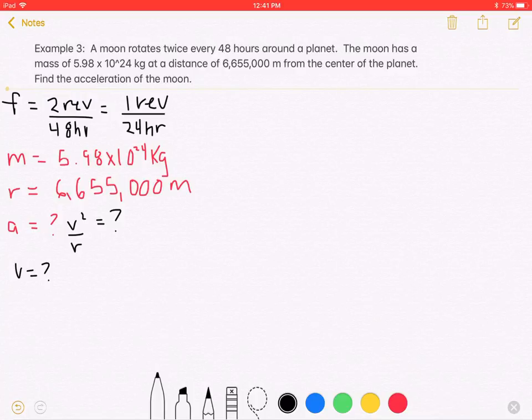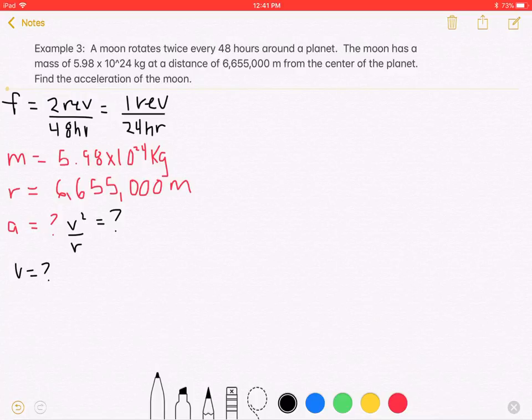So the first thing we need to find is our tangential velocity. We know 2 things about tangential velocity. It's equal to the arc length over the time, or it's also equal to 2 pi r over the period, so the circumference over the period.